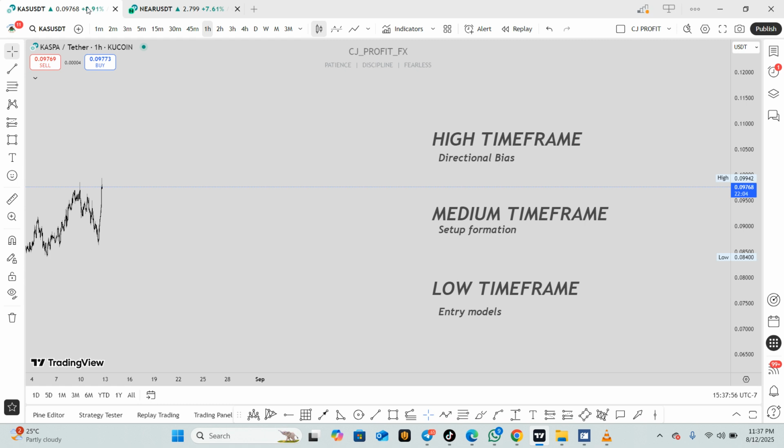And we have the medium time frame. The medium time frame is now bringing the time frame down to maybe 4 hours, 1 hour, 2 hours, 3 hours, to know how the buyers and the sellers have been reacting in the past 4 hours, 2 hours, 3 hours, or 1 hour. So we call them setup information.